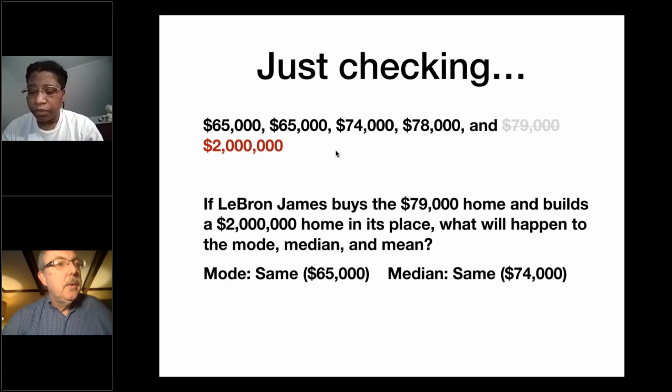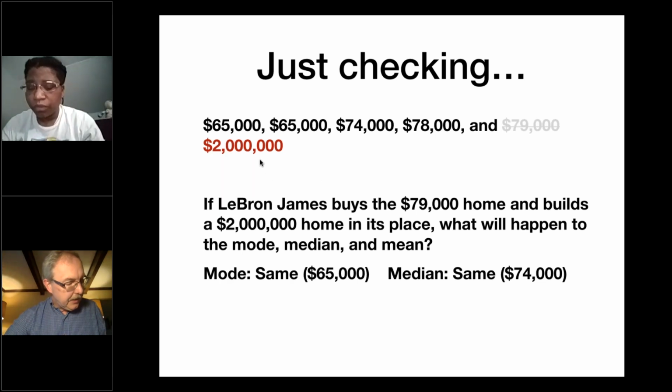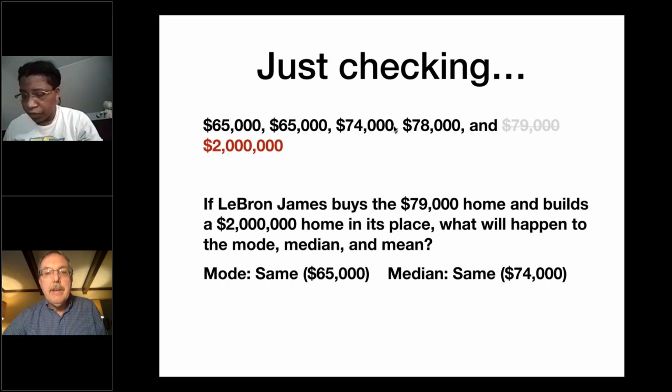But with LeBron's new house there at $2 million, if we were to take the mean, since to take the mean you add all of these and divide by 5, since there's 5 numbers, and since this got a lot bigger, the mean is going to get a lot bigger too.